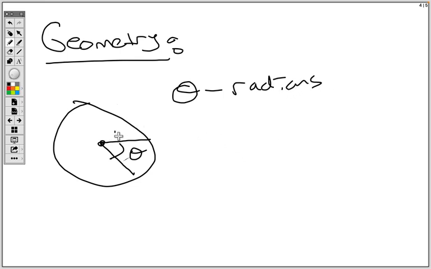And we'll say we've got our radius R here. If theta is measured in radians, I want to figure out what the area of this sector is. This would be a central sector because we're looking at the radius R back to the center here.